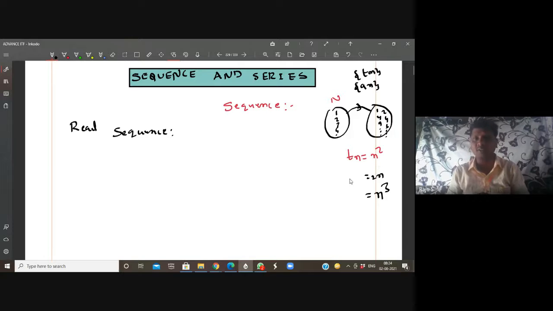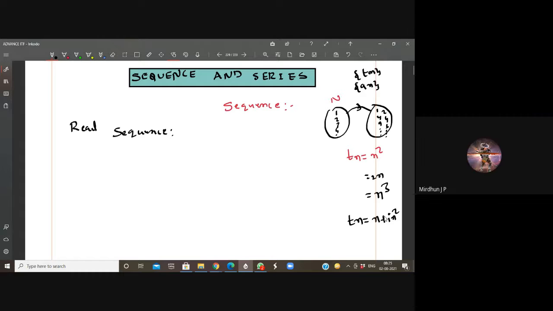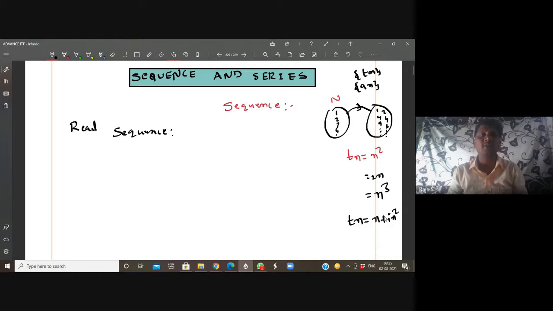Depending on the function, if I take Tn or An as n plus iota n square, what about the range? Input is natural numbers, but the output will be a complex number. So we can't say that is a real sequence. For a real sequence, the output must be a real number. You have to remember that.